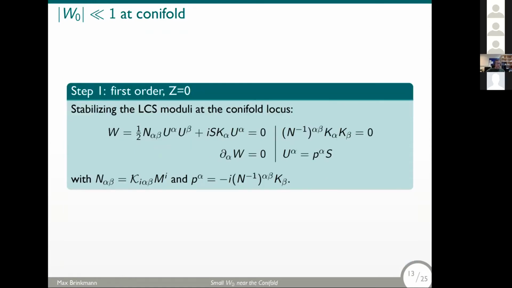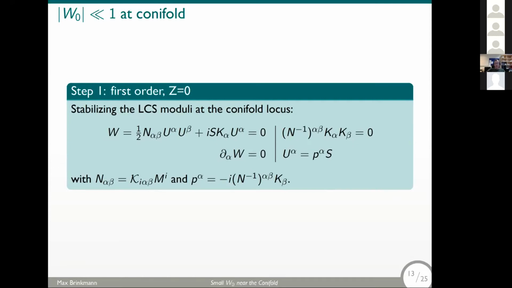And the first step is to stabilize the large complex structure moduli at Z equals 0. Doing that, we find that this is just the superpotential, and stabilizing it to vanishing superpotential, we find on the one hand that the large complex structure moduli are again linear in the axiodilaton, and we find additionally a condition on the fluxes.